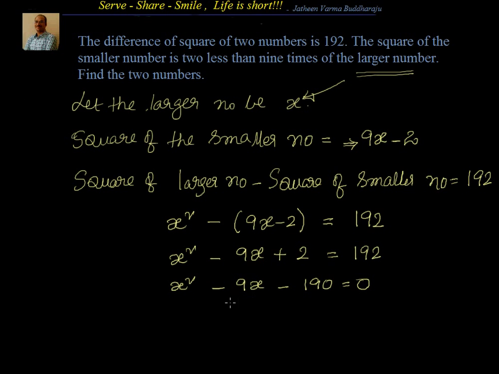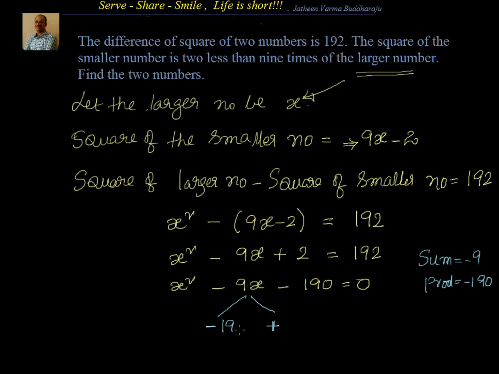Now I have to do the factorization. I have to split the middle term. So sum is minus 9, product is minus 190. So I see the product is negative, so I need two numbers, one minus, one plus, in such a way that the difference is 9 and their product is 190.